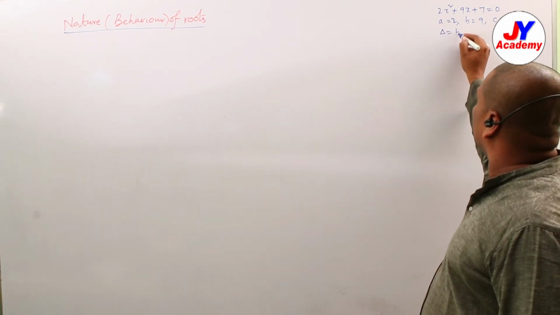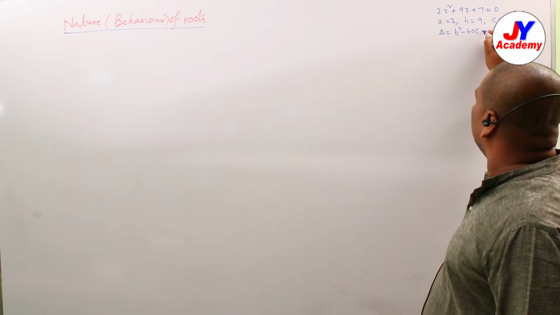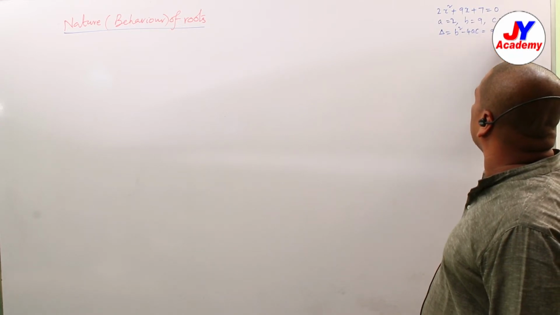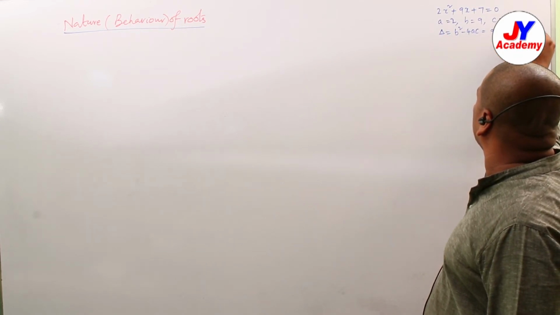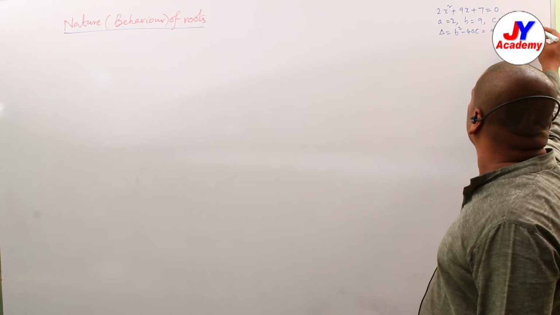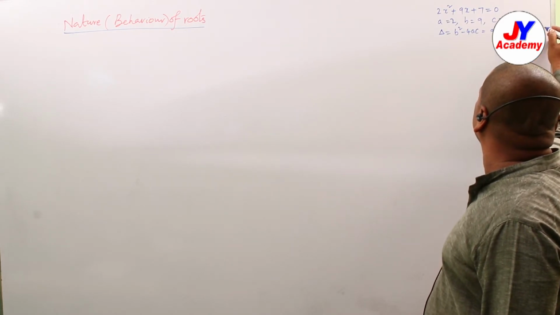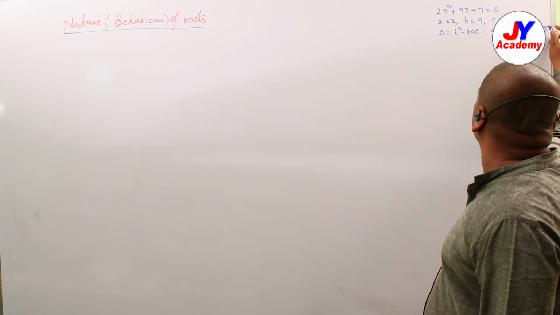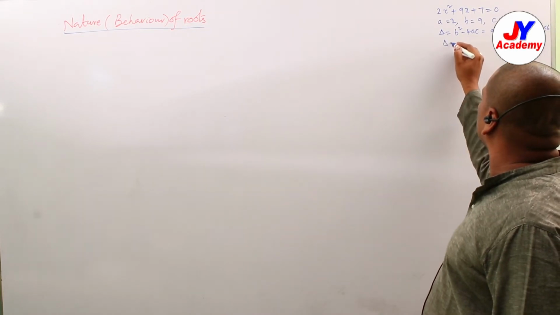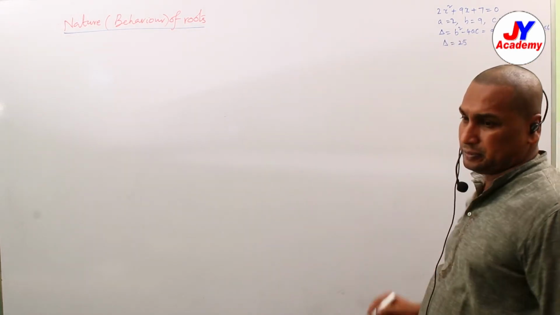Delta is equal to b square minus 4ac, means 9 square minus 4 into 2 into 7, that is 81 minus 56. So delta is equal to 25.